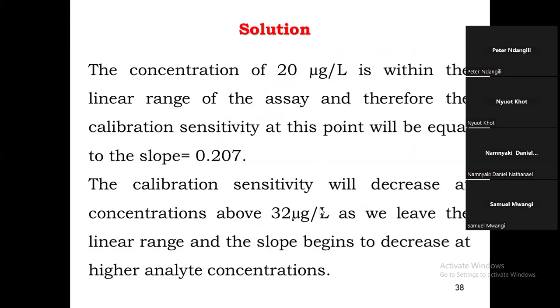And therefore we say that the calibration sensitivity is going to decrease. You know, that's where the calibration curve is leaving the linear range. It starts to curve off, right? Therefore, the slope begins to decrease at higher concentrations. I will explain that one further in detail, maybe when we meet in class, and I do illustrations in class.